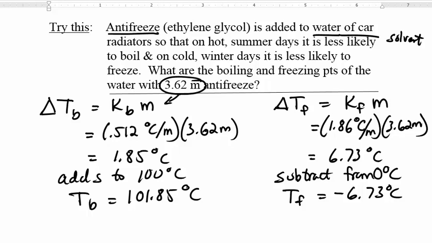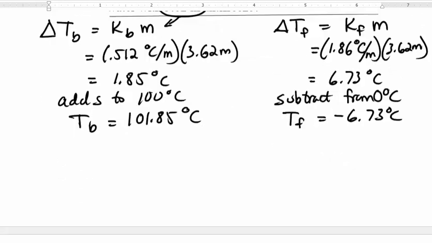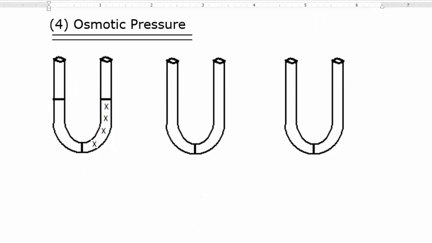The final colligative property we're going to talk about is osmotic pressure, and we're going to illustrate that with these drawings of tubes, 3 different tubes. The one on the left has a solution on the right hand side, and it has water on the left. So this is pure water. And on the right hand side is a solution of water where X's are representing the solute molecules.